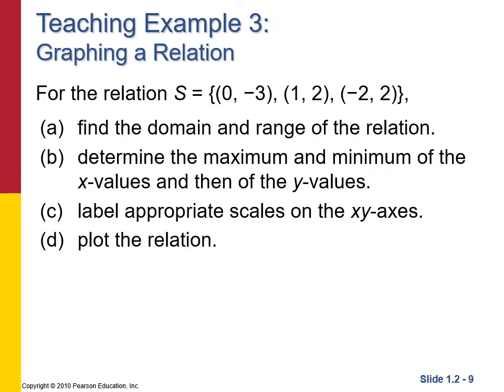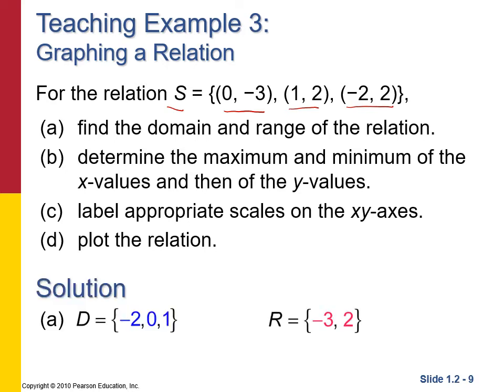So again, this is set S, and we're going to quickly go through this. You can see data points here, 0 and -3, 1 and 2, and -2 and 2. So the domain and range of the relationship, notice they're listing all of the values of X here.